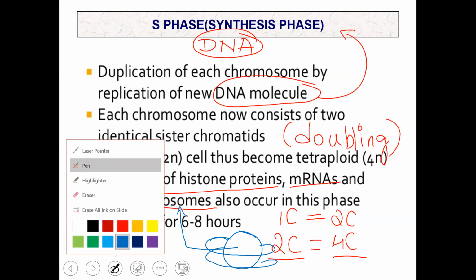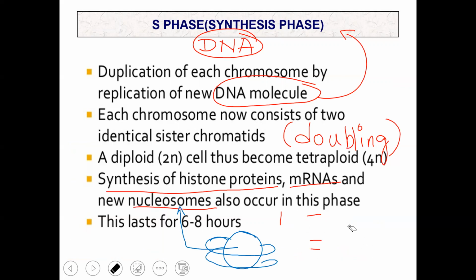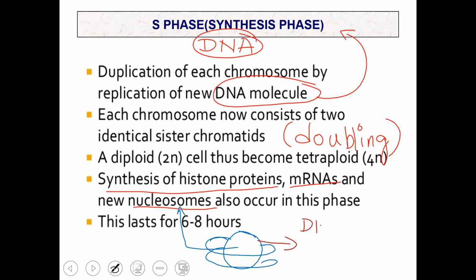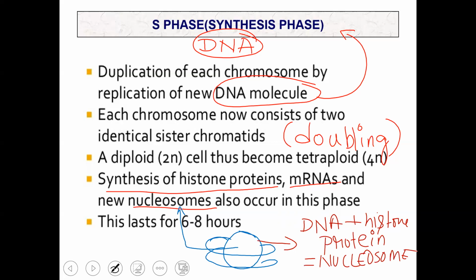So we can say that DNA plus histone protein gives us a nucleosome. The DNA is tightly packed in the histone protein and constitutes the nucleosome. So the synthesis of mRNAs, DNA, histone protein and the nucleosome will take place in the synthesis phase, that is S phase.